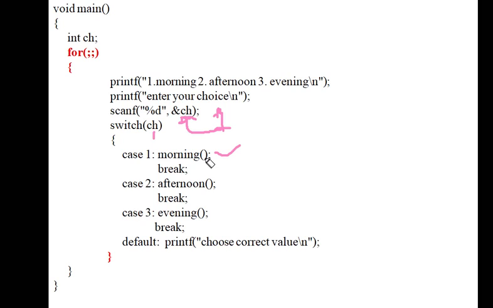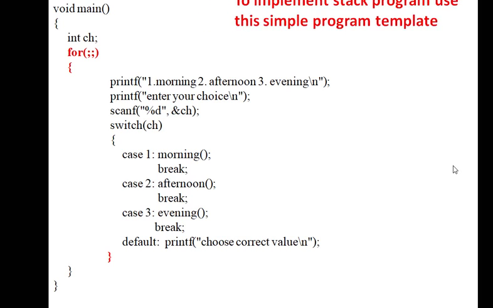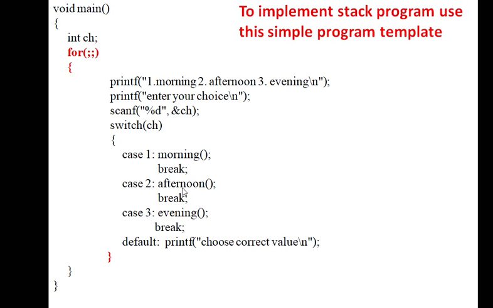It goes to the morning function, and we check what we have written under this function. We have written printf "hi good morning". That statement will print on the console window. Next, if you press 2, afternoon, and if you press 3, evening will print.